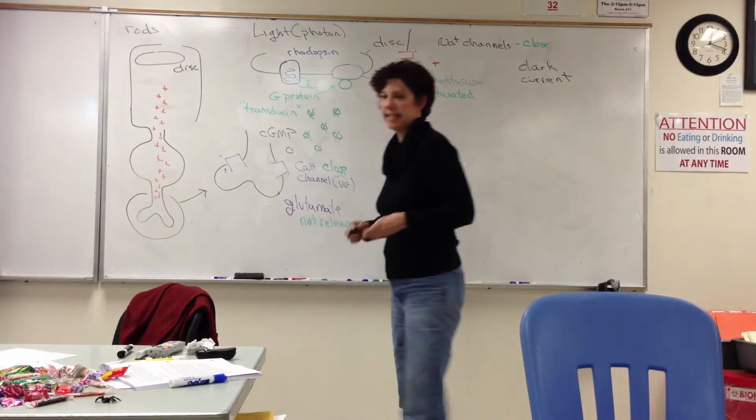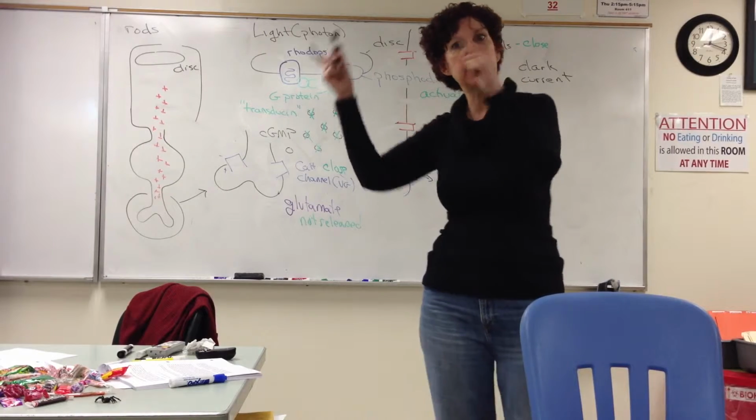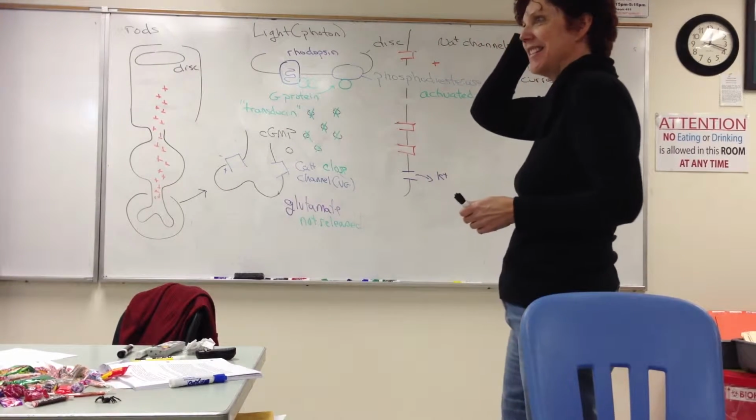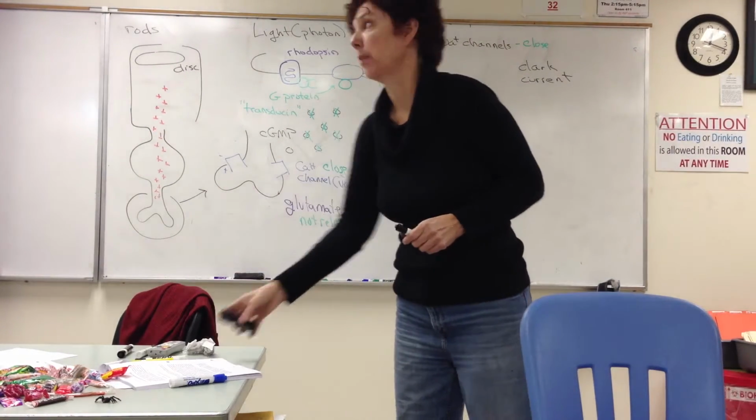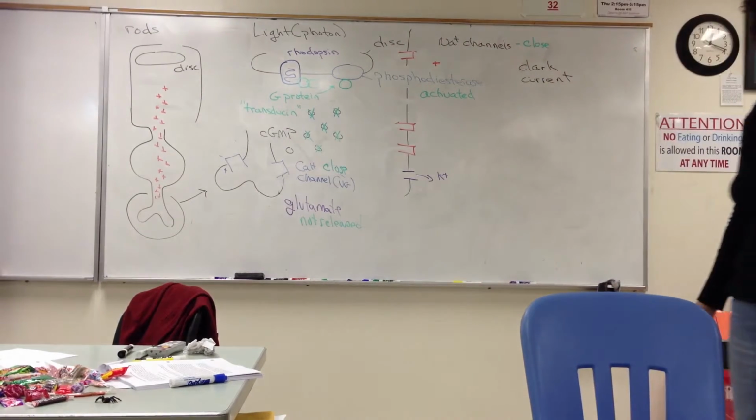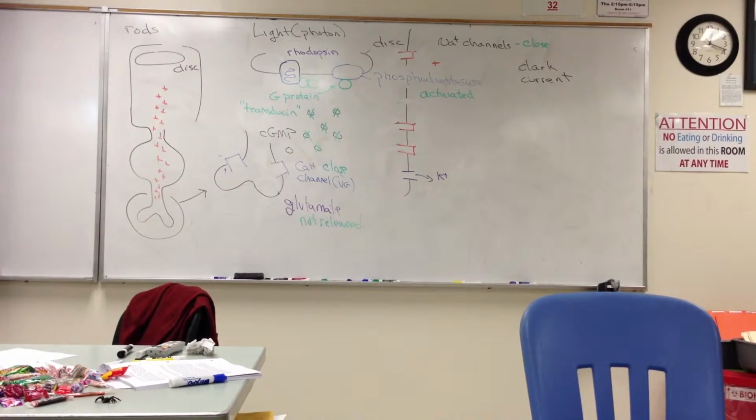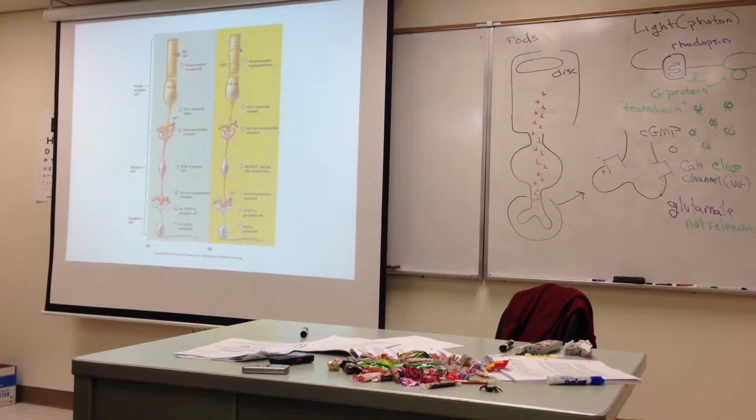So what result does this have on the downstream neurons in our sensory pathway? This diagram here is partially correct. It says in the dark, photoreceptors are depolarized, calcium channels open, and the neurotransmitter is released. That's true.